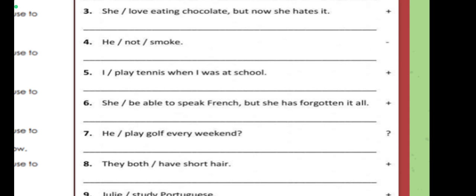Okay, no. Here I got confused. This is negative. I get confused. I'm sorry. I'll go with the 5, and I'll try that one later. I used to play tennis when I was at school.